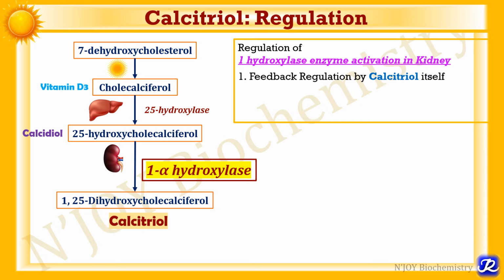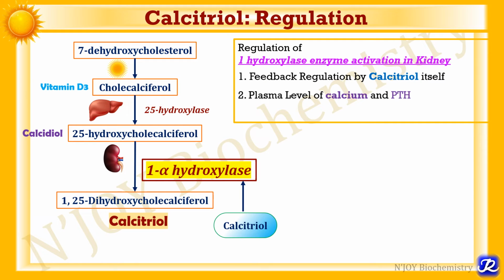So for this calcitriol regulation, the first mechanism is feedback regulation by calcitriol itself. So whenever there is increased calcitriol, it inhibits the enzyme 1-alpha hydroxylase. Second mechanism of regulation is plasma level of calcium and parathyroid hormone.